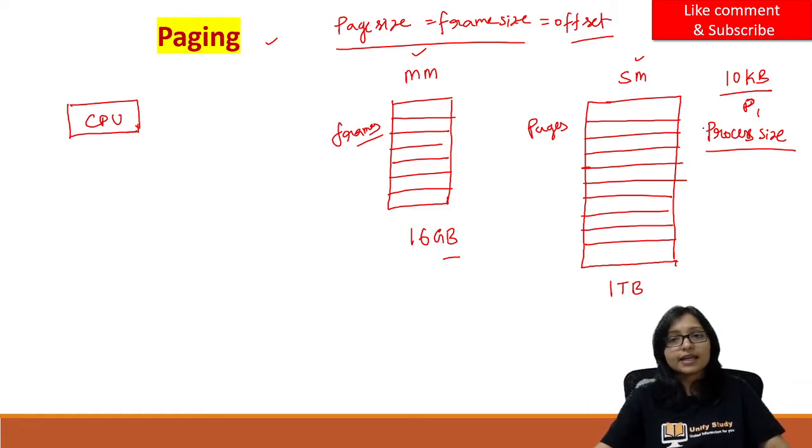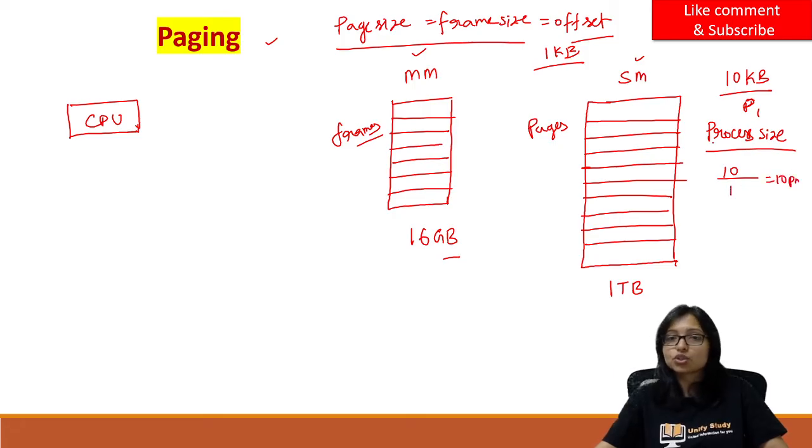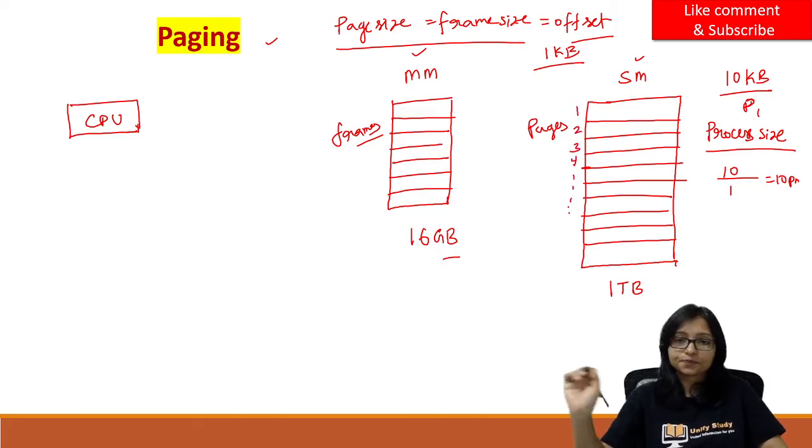Here it is 10 KB. If I fix each offset, meaning size, as 1 KB, how many pages will be there? 10 KB by 1 KB, that is 10 pages. So here are the pages 1, 2, 3, 4 till 10.